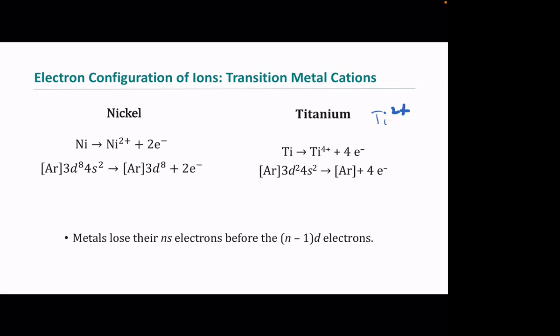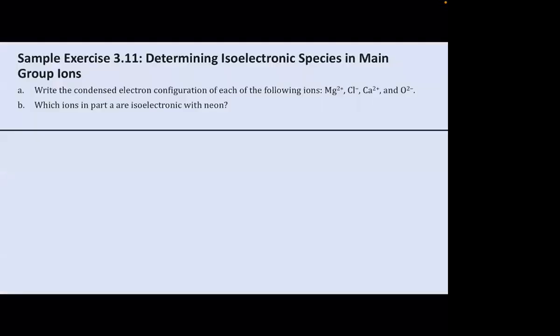Questions? Okay, write the condensed electron configuration for each of the following. Magnesium loses 2 electrons. What's its noble gas configuration going to be? Neon: it's got 12, it loses 2, so it's got 10.